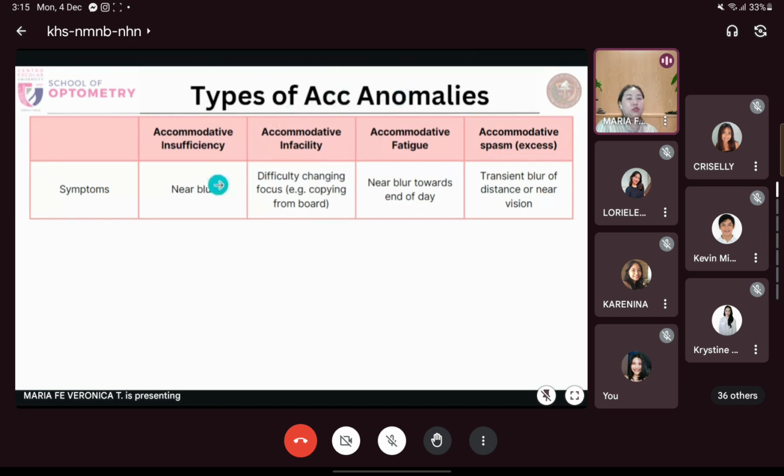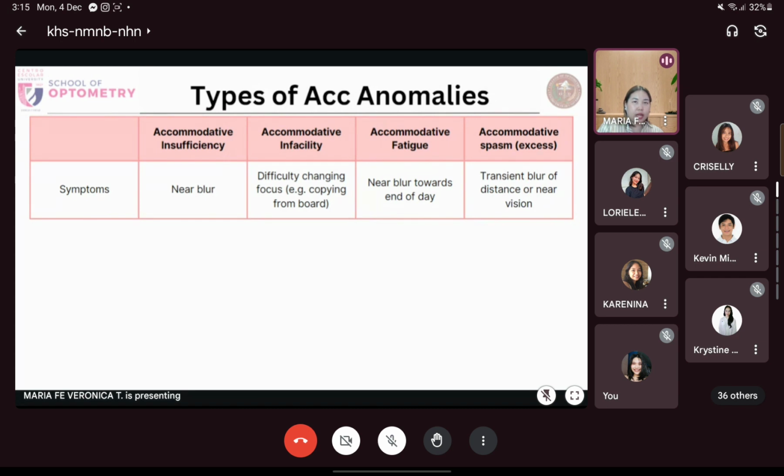So, ang symptom ng insufficiency, if magrereklamo yung patient ng near blur, hirap siyang magbasa sa malapitan. Ang infacility naman, ang complaint ng patient dito is nahihirapan siya mag-focus at one distance at a time. So, for example, if your patient is a student, if he or she is copying from the board, titingin siya sa board, nakikita niya yung lessons, isusulat niya sa notebook niya, so mag-shift siya ng focus, so mag-accommodate yung eyes niya sa reading.